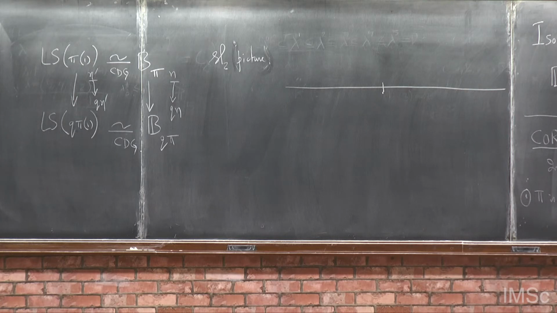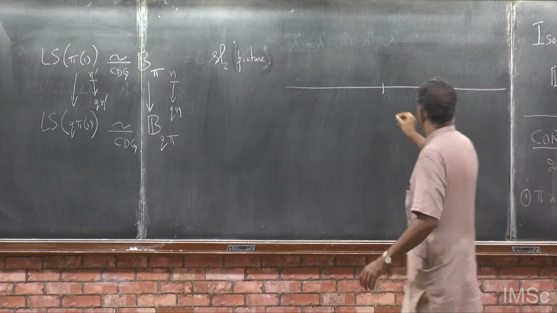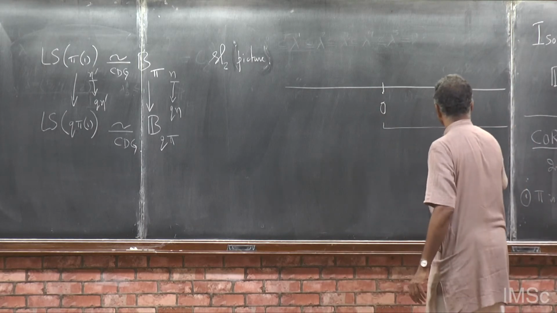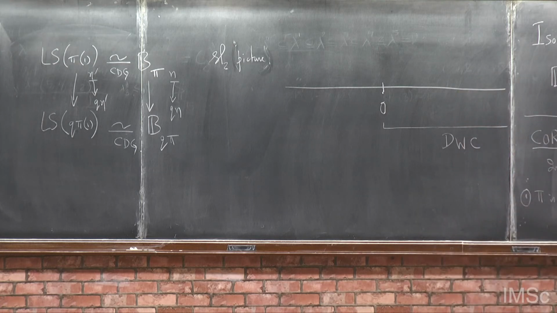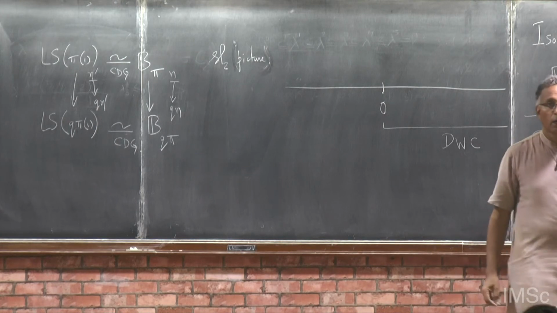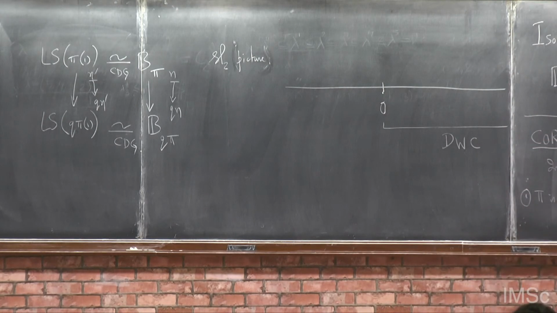And so the non-negative part of the real line is the dominant Weyl chamber. So what are dominant integral weights? They are just non-negative integers.